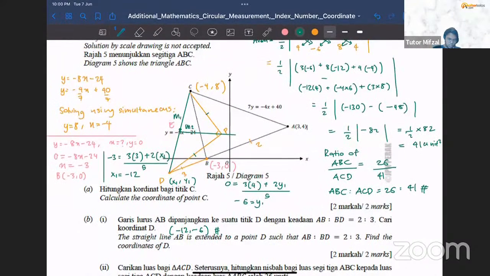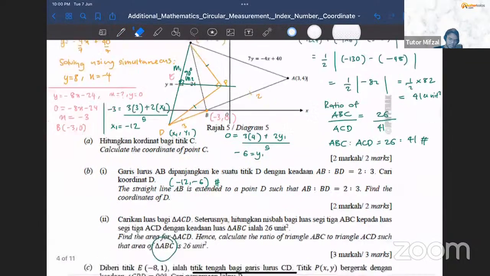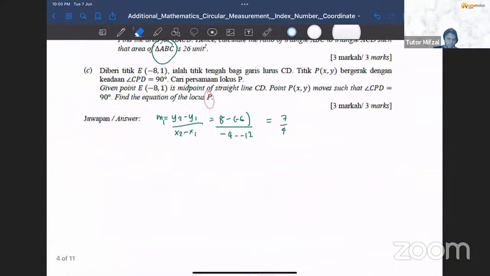Now you kena cari M2. Okay. So this is also trying to tell you that this is 90 sebab benda ni straight 90 degrees. So M2 kita is equivalent to M1, M2 equivalent to negative 1. So M2 kita is equivalent to negative 4 over 7.